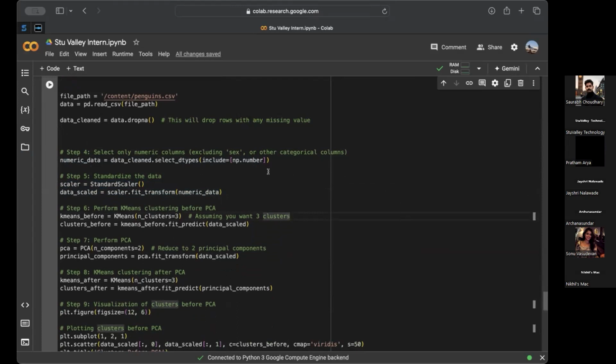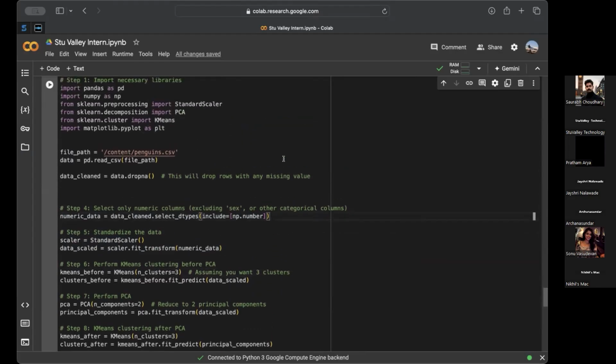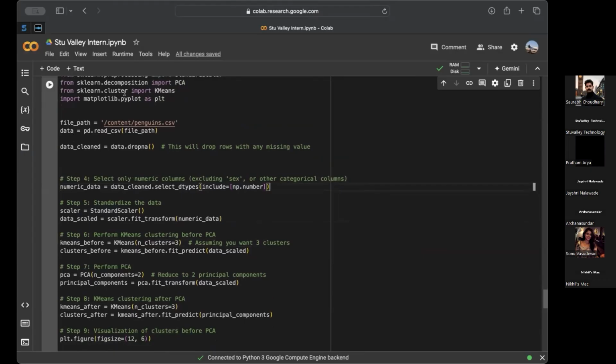What is NP number here? NumPy function to find numerical value.